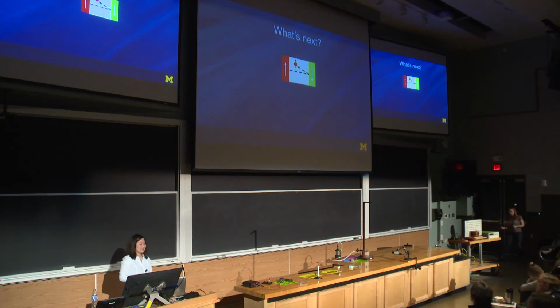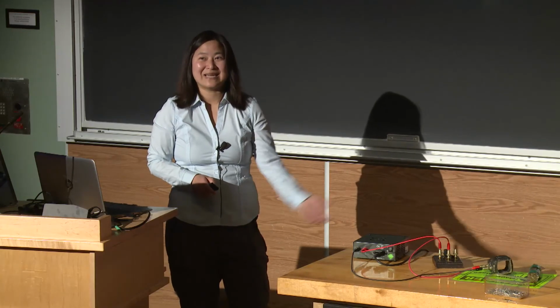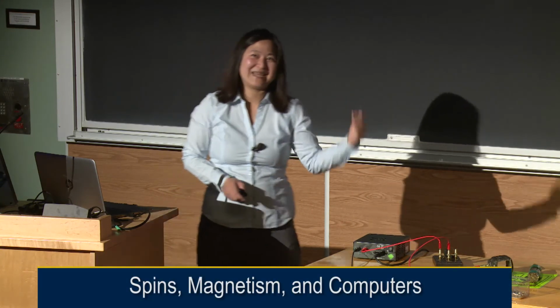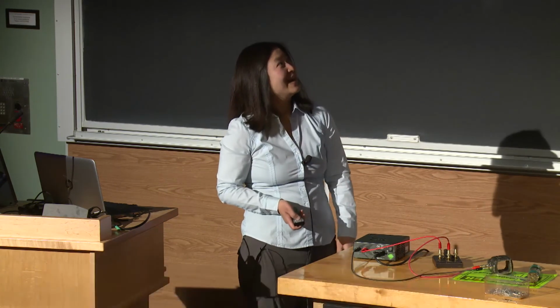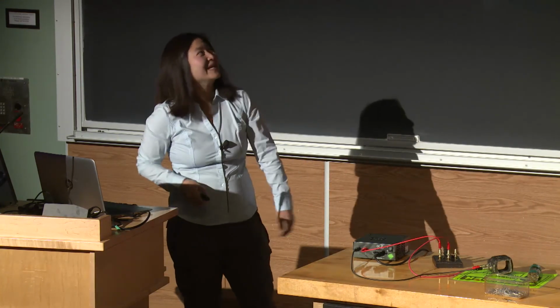But it turns out that spin polarized current can also affect the magnet. So just like when you throw a tennis ball at the wall and the tennis ball bounces back, the wall actually moves a tiny, tiny, tiny bit as well. And if you threw enough tennis balls at a wall, you could actually move the wall.